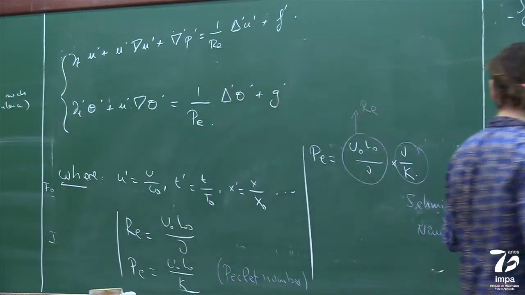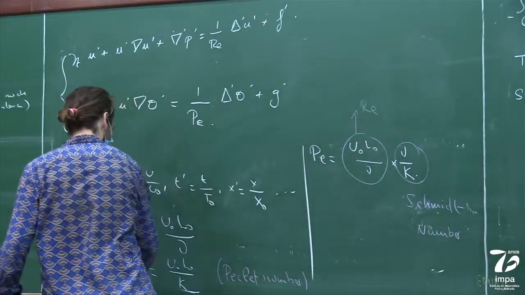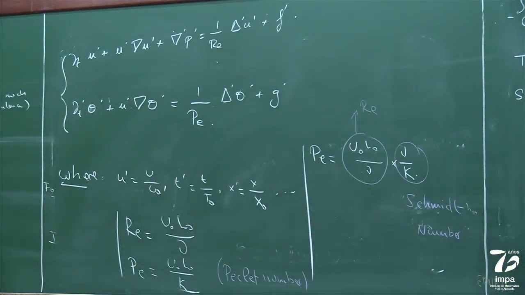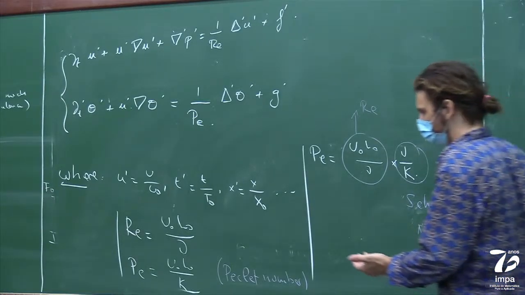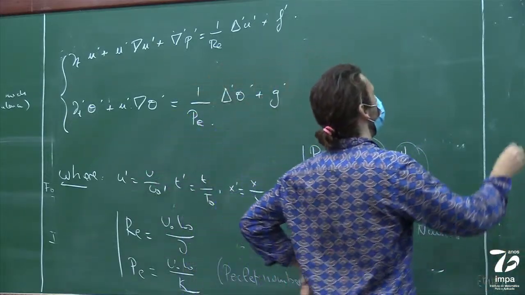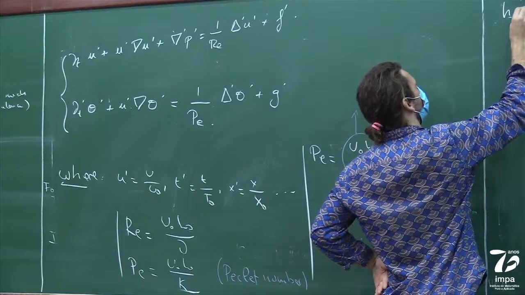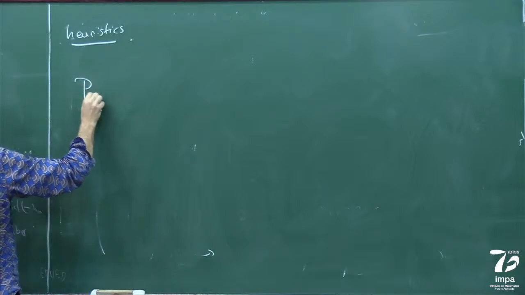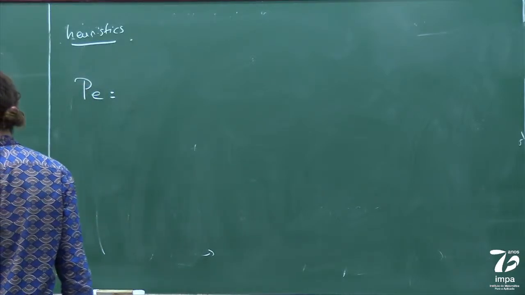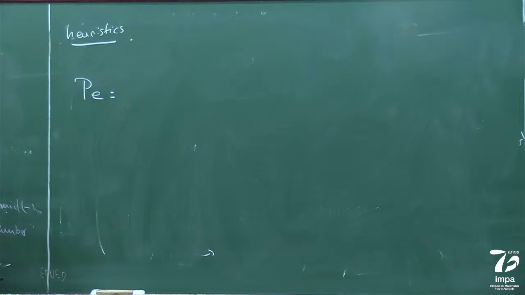So the interpretation is the following. Quite naturally, the Peclet measures the strength of the advection due to the underlying velocity field relative to the diffusive term. Heuristically, Peclet is the ratio of two time scales.